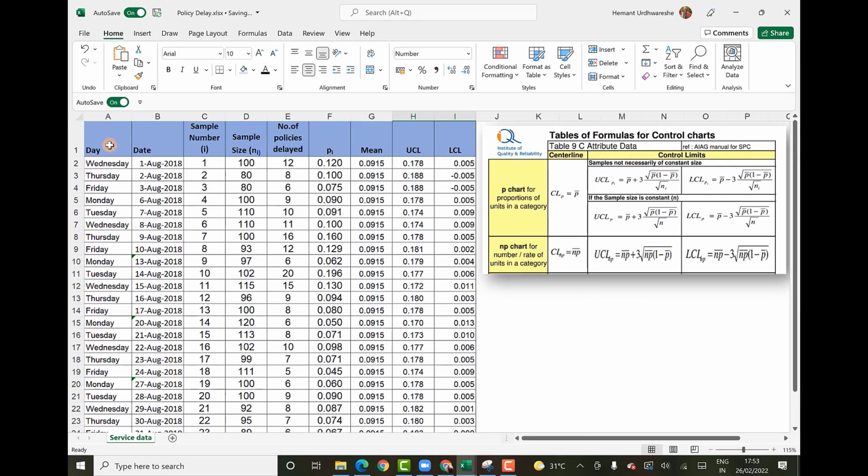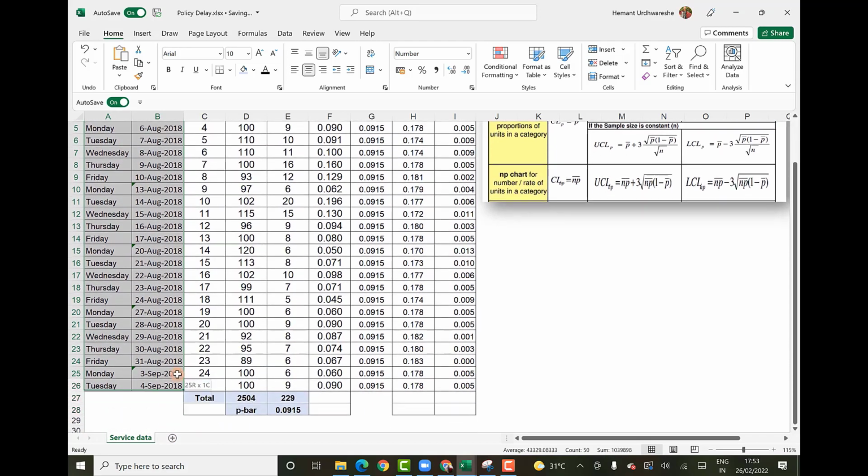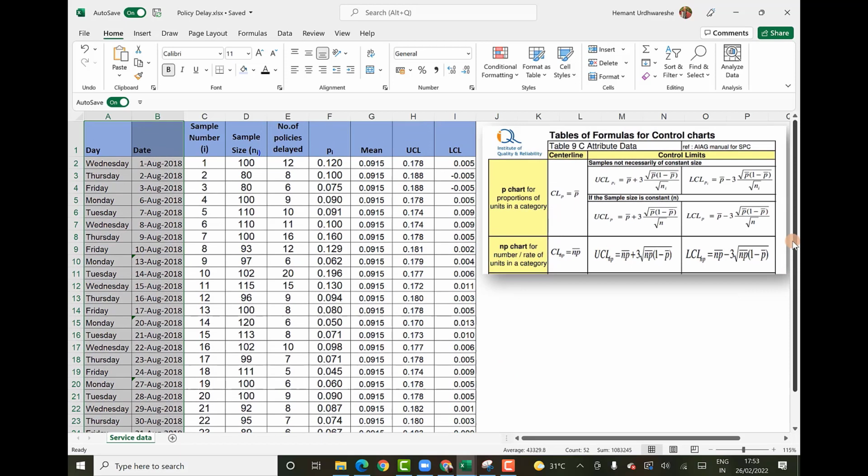For that we will select the day, date. Actually we may select both. Let us see whether Excel can do that.